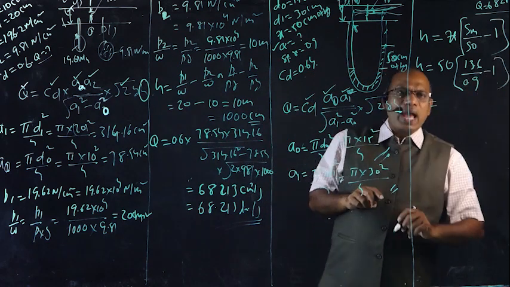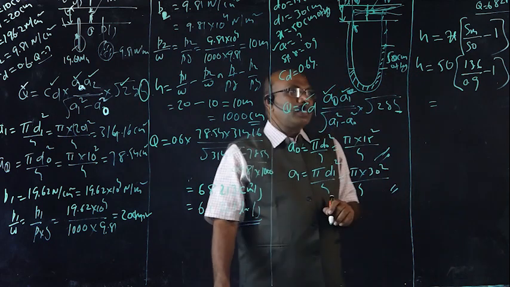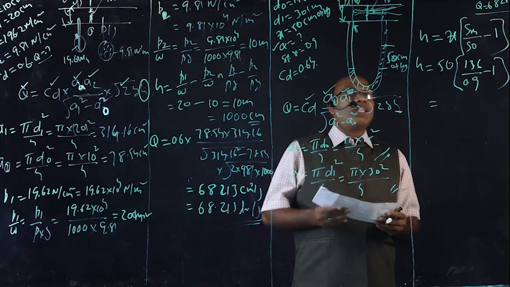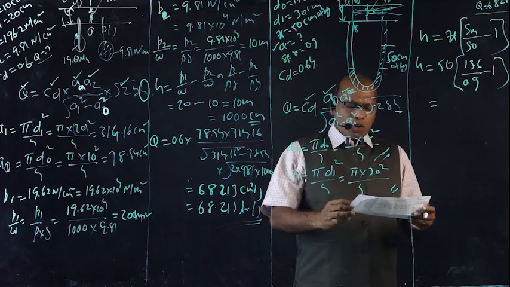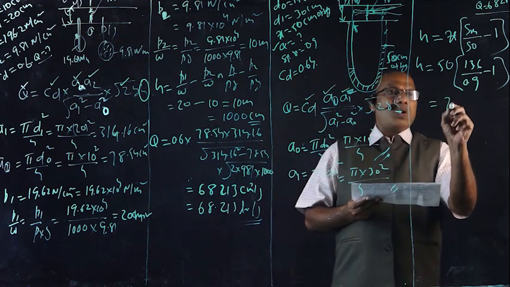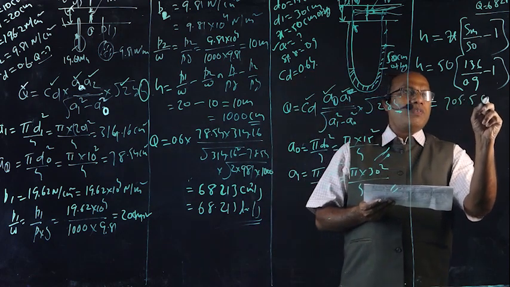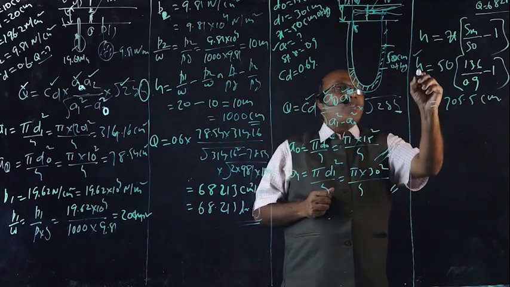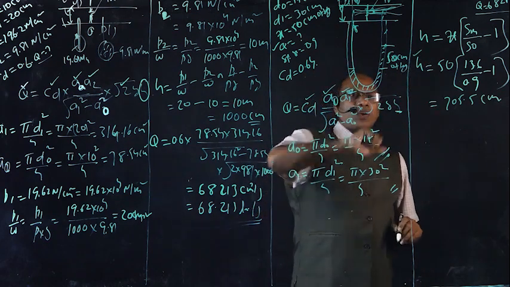Then finally we have H, the pressure head difference between the upstream and downstream of the orifice meter, equal to 705.5 centimeters. Right? We have calculated H here.